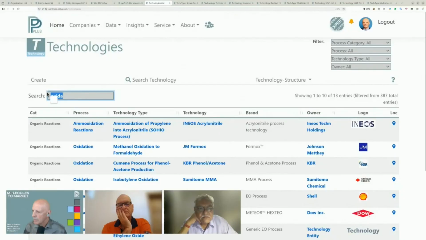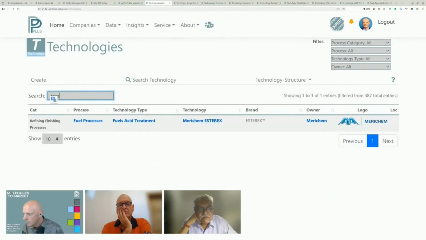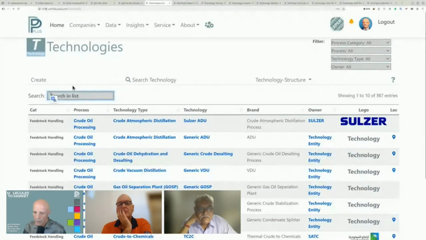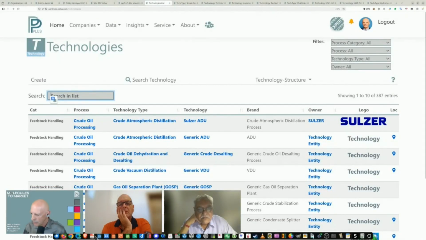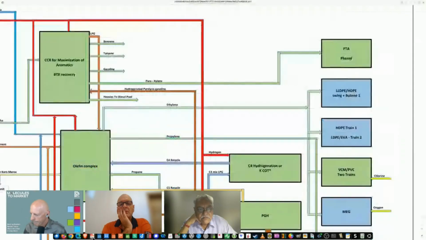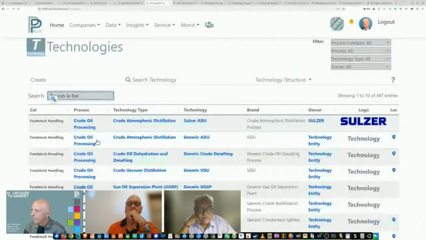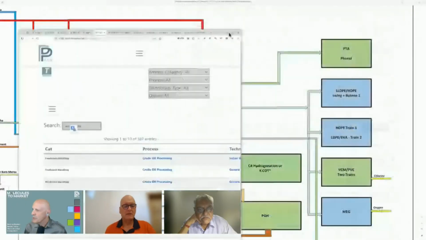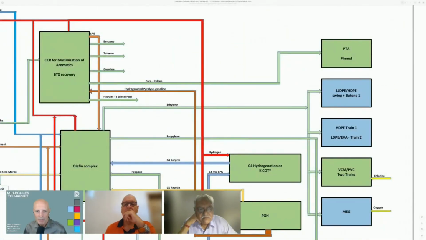Okay, I have to switch. No. Okay, go on. I am searching for it. You don't have it? I am searching. I don't remember how I named the technology. Okay, fair enough. No problem.